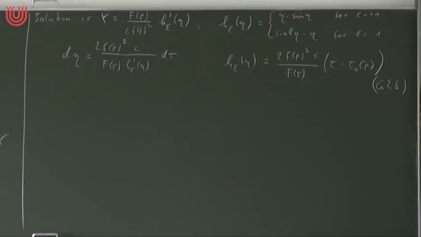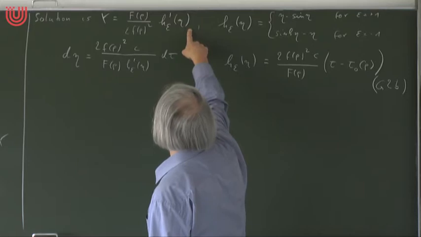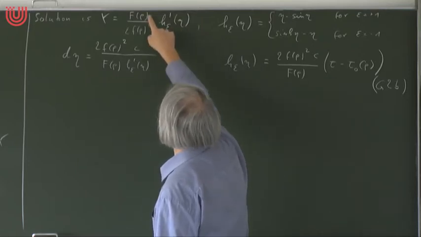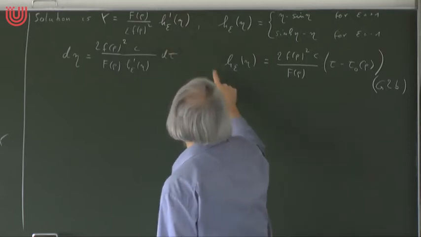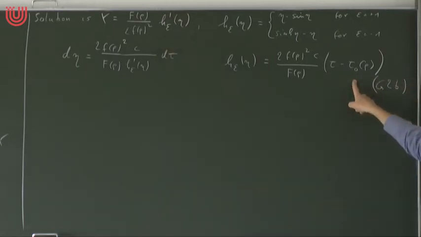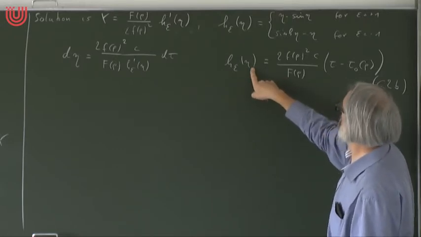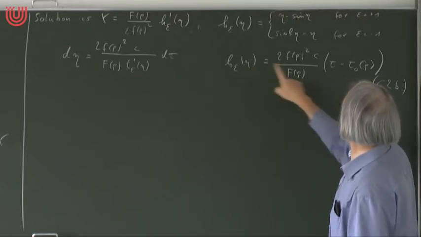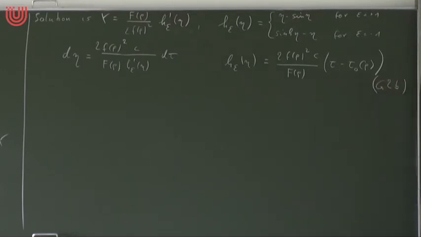Yeah? So this is the expression for y. And of course I have to know what these two integration constants are. But I have to know what this is, and what this is written here. So it gives me the function h epsilon as a function of eta, but it's given in terms of the tau, which is my original variable.